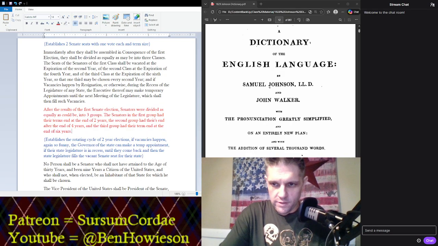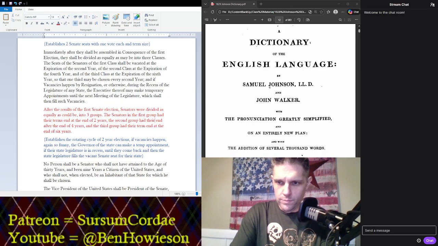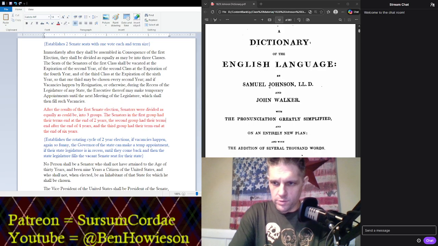Let's go back here and fix this a little bit. After the results of the first Senate election, senators were divided as equally as could be into 3 groups. The senators in the first group had their terms end at the end of 2 years. The second group had their terms, let's keep this the same, end after the end of 4 years, and the third group had their terms end at the end of 6 years.